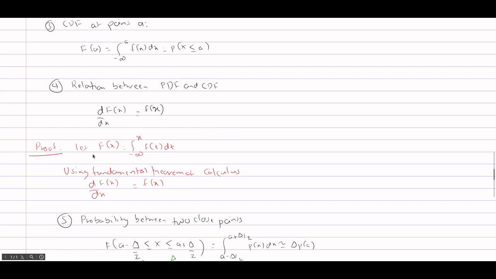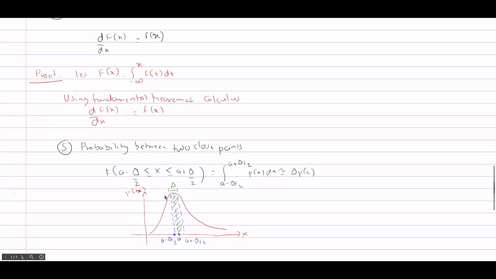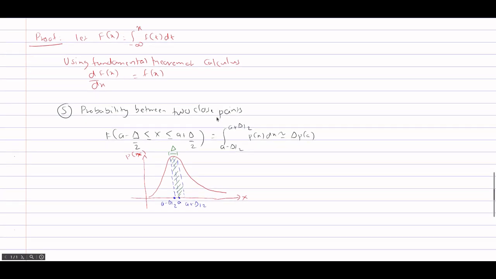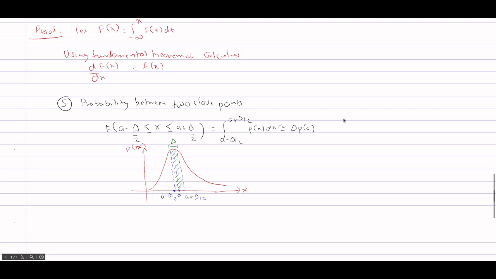Then, by the fundamental theorem of calculus, we get dF(x)/dx equals f(x). This proof shows how the area under the PDF curve up to x gives us the CDF, and how taking the slope of that accumulated area gives us the PDF again. Full circle. These properties are not just mathematical facts. They give you insights into how probability flows and accumulates in the world of continuous random variables.